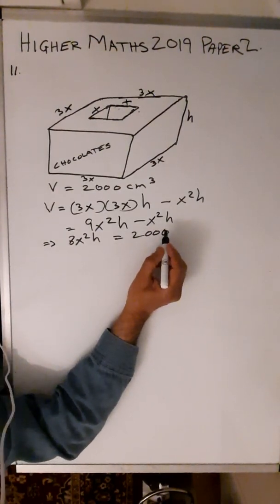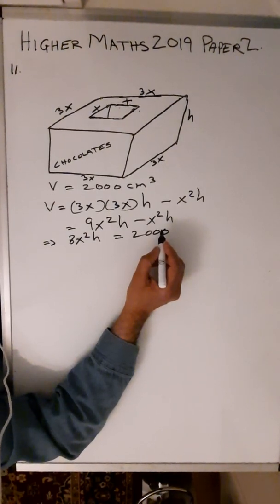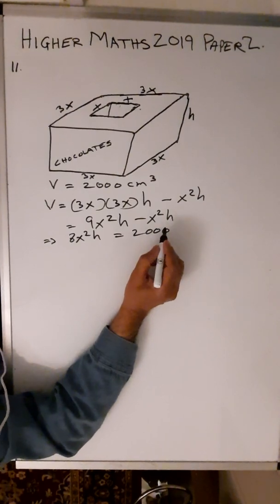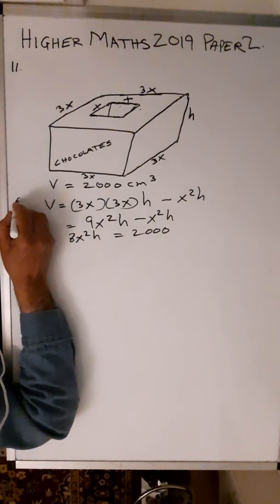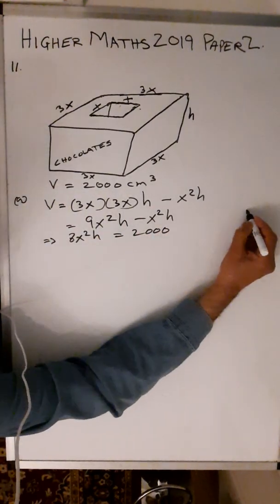You want to have h because in part A, you have to show that the surface area A centimeters squared of the box is given by A is equal to 16x squared plus 4000 over x. So this is for 3 marks.